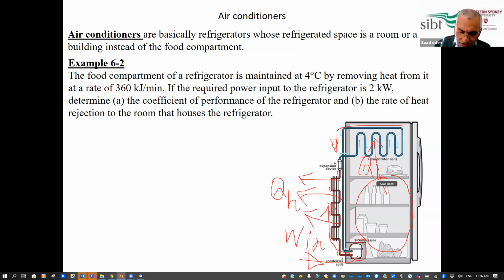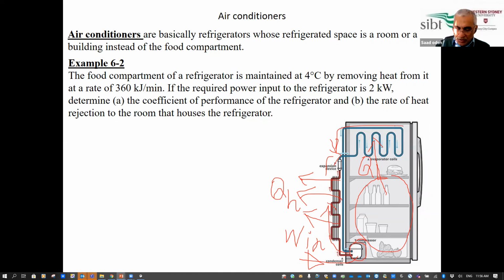After we remove QH to the environment, we take the refrigerant back inside the refrigerator and do the cycle again. Okay, this is in brief how it works. Any question? Because we're going to go to Kahoot very shortly and apply this example.